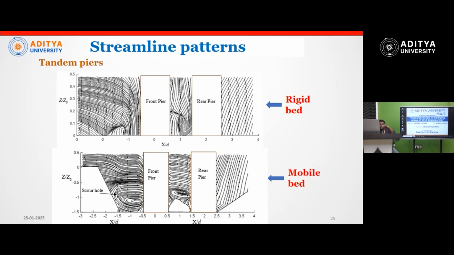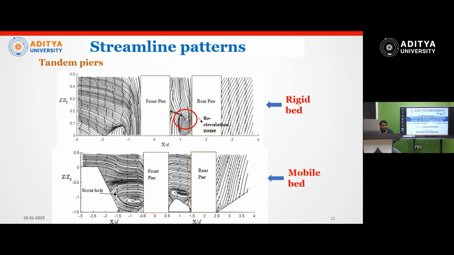Before, the case was the single pier case, and this is the tandem pier case. In the tandem case, we observed one recirculation zone being generated. Because of this recirculation zone, the velocity has been significantly reduced.